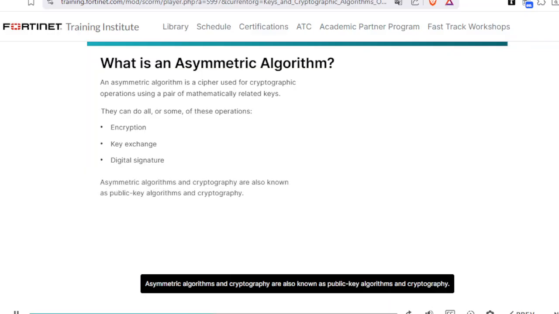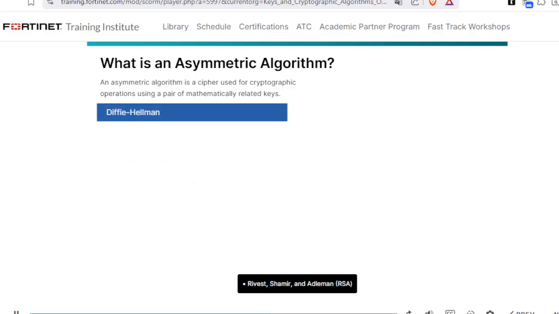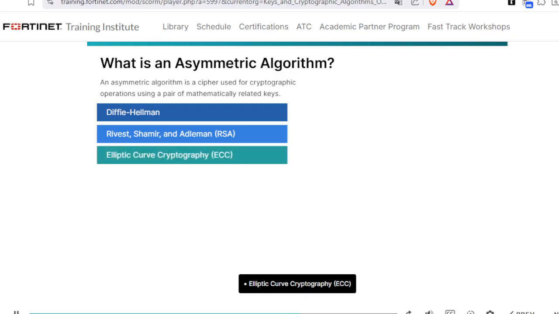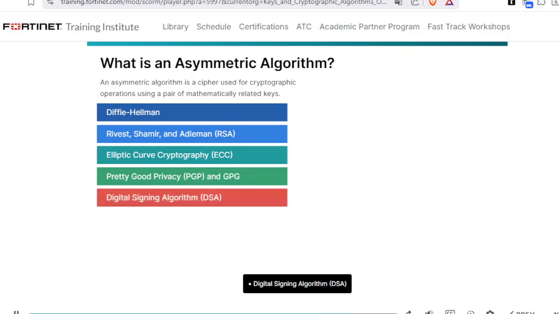Asymmetric algorithms and cryptography are also known as public key algorithms and cryptography. Examples of asymmetric algorithms are Diffie-Hellman, Rivest, Shamir, and Adleman, RSA, elliptic curve cryptography, ECC, Pretty Good Privacy, PGP, and GNU Privacy Guard, GPG, and Digital Signature Algorithm, DSA. Click each algorithm to learn more.